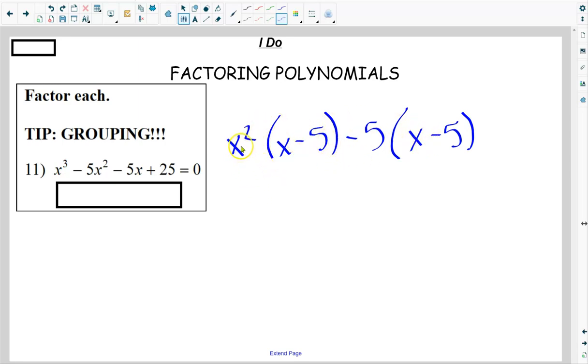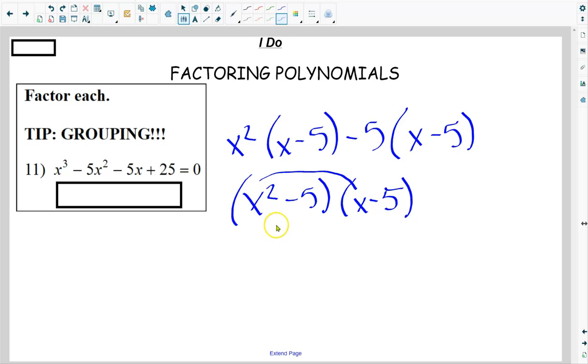So what I can say is this guy and this guy can now be distributed to this guy, meaning if I bring him to this, I will get this.